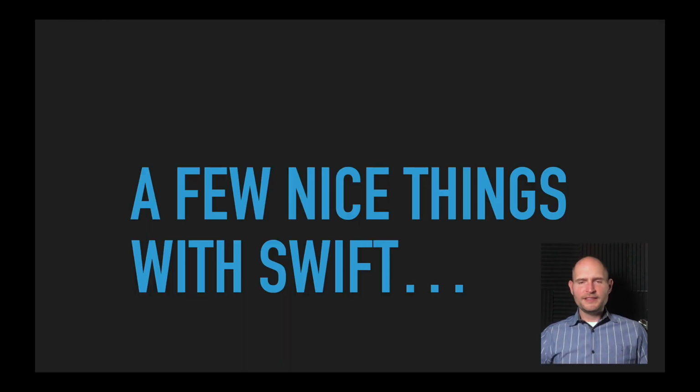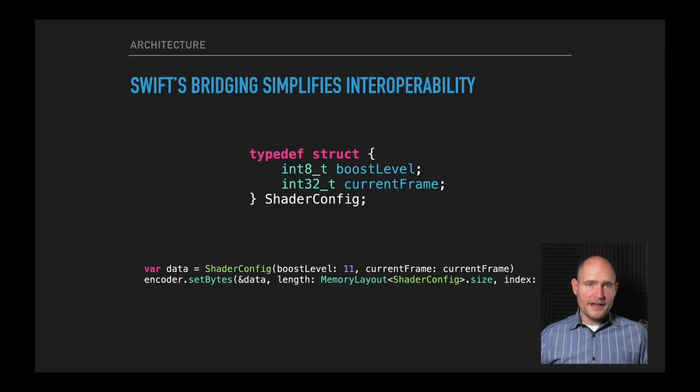Now, in all of this, I said this talk would be about Swift, and let me just touch on a few interesting things that you get out of using Swift as opposed to C++. Well, for one, Swift has pretty straightforward bridging of C structs. Metal shaders are just a subset of C++, so you can just do includes and reuse a bunch of behaviors, pretty straightforward.